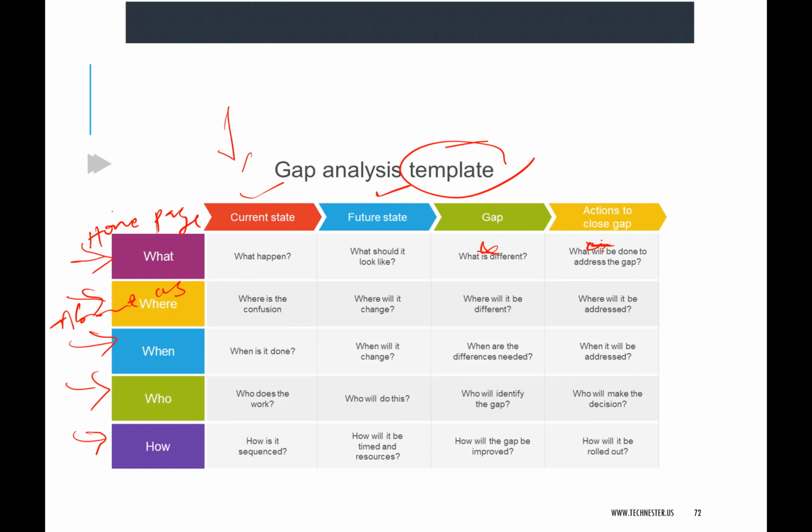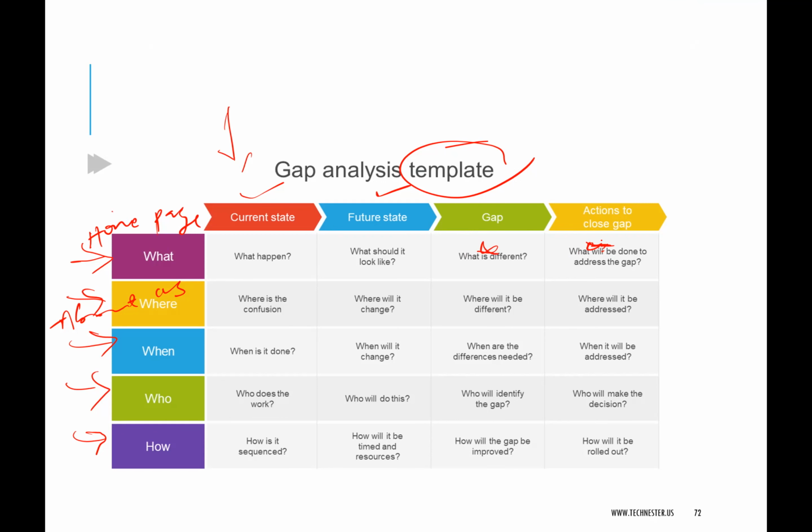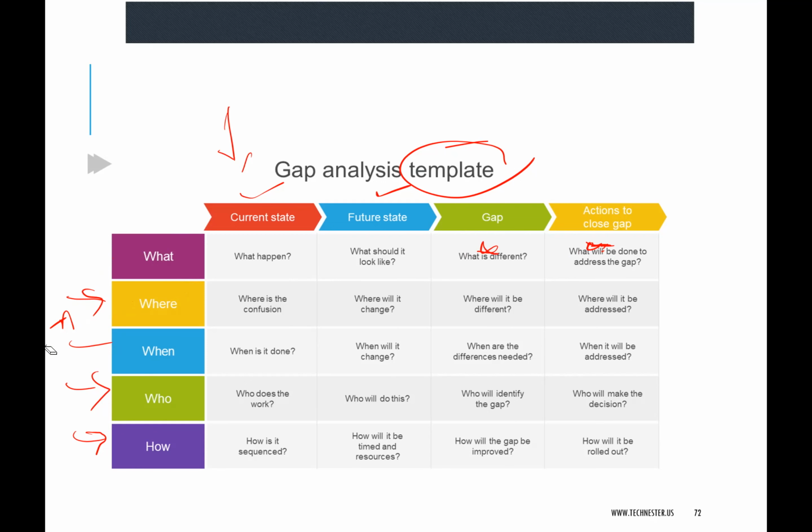So you can break that need down again. If you don't know how to break it down, the typical approach we use is just to say, okay, maybe you can apply the what, where, when, who, how, right? Some of these may not be relevant. It means you won't use them. In some cases, it may just be two of these that will be relevant to you and you use them.